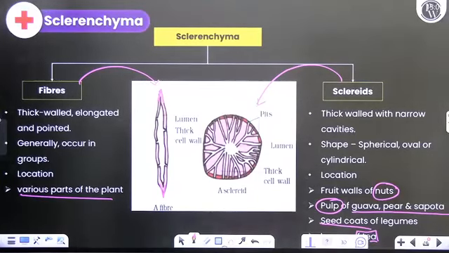There is no question, there is no doubt, no? Intercalary and lateral. Afroja is asking. Intercalary is present in between permanent tissues. Lateral is basically present on the side.